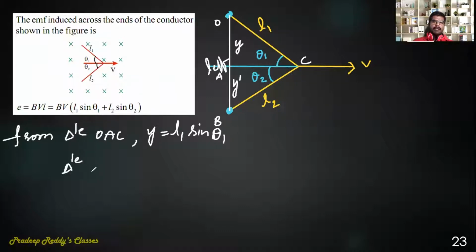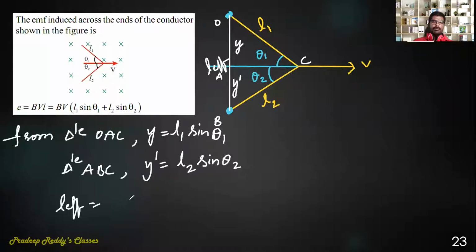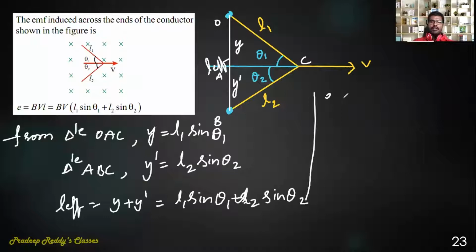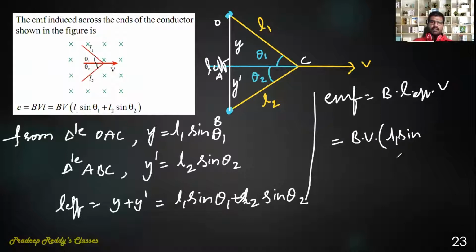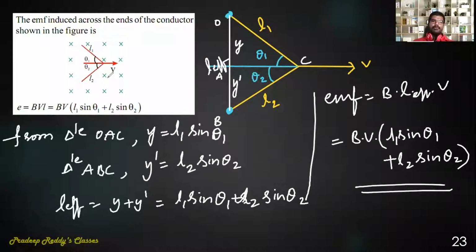Similarly, from triangle ABC, y dash is equal to L2 sine theta 2 because they are opposite sides. L effective will be equal to y plus y dash, which is equal to L1 sine theta 1 plus L2 sine theta 2. So I can write EMF induced will be equal to B L effective into velocity v. This is B V into L effective, which is L1 sine theta 1 plus L2 sine theta 2. This is the EMF produced within this coil.